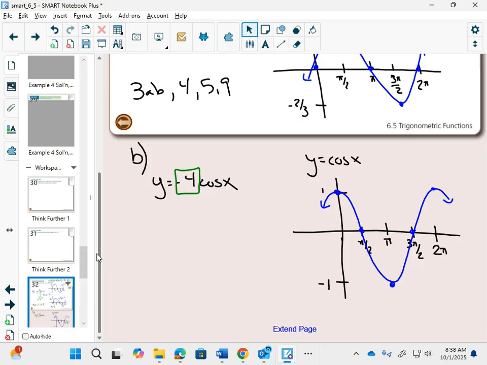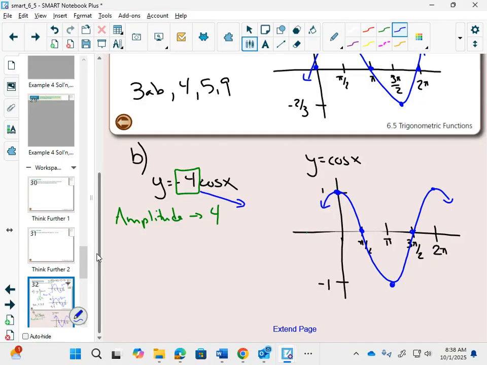This is going to tell us that our amplitude, and amplitude is always a measurement from the middle to the maximum, your amplitude is always a positive value. So that -4 means, in transformation language, you're going to have a vertical reflection and a vertical stretch. And you can write those both at once. You would multiply your y values by -4.